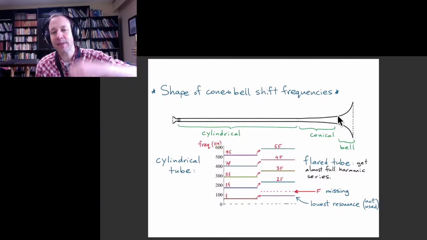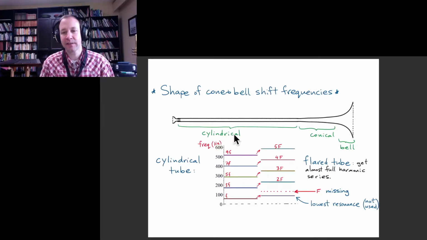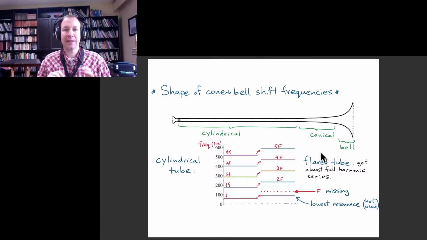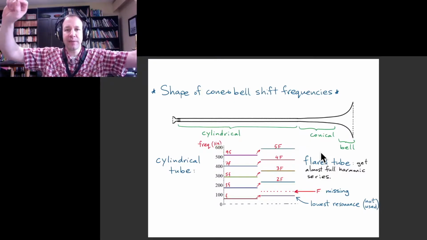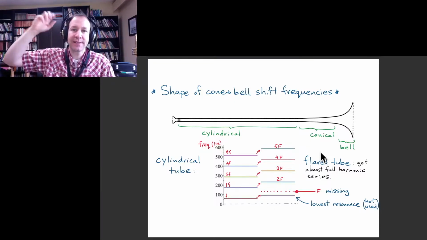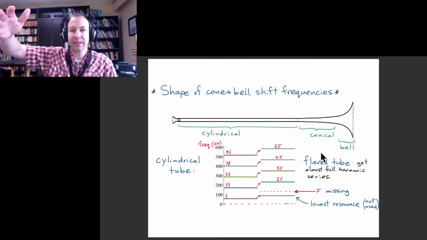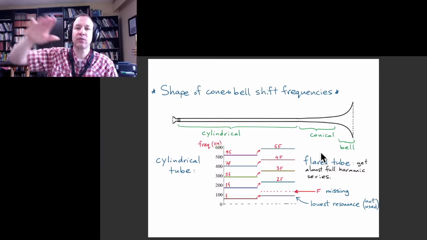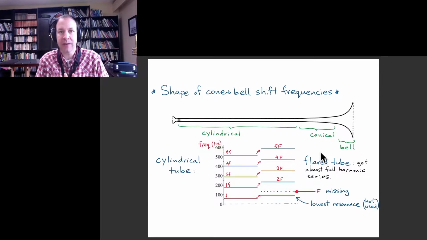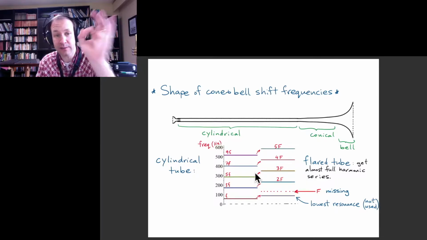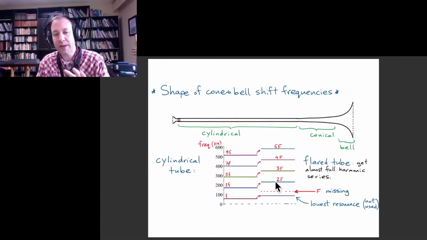So now we've got something kind of in between the cylindrical tube and the conical tube. You have the cylindrical tube, which is modified at the end. And the precise shape of this modification is designed to get you most of a harmonic series. So it doesn't do as well as going to a perfectly conical tube. But what it does is it shifts the frequencies that you would have if your tube was cylindrical in a certain way.